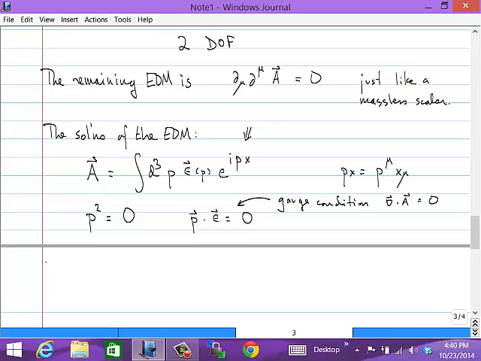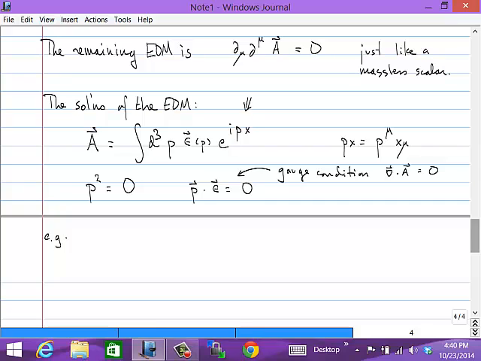Okay. So, for example, just to make this completely explicit, if we want to consider an electromagnetic wave moving in the z direction, so that p is proportional to z hat, then there would be 2 possible solutions for epsilon. You could take epsilon to be proportional to x hat or proportional to y hat.